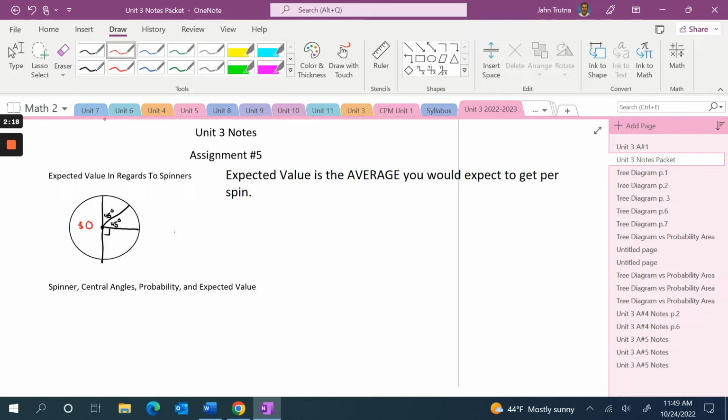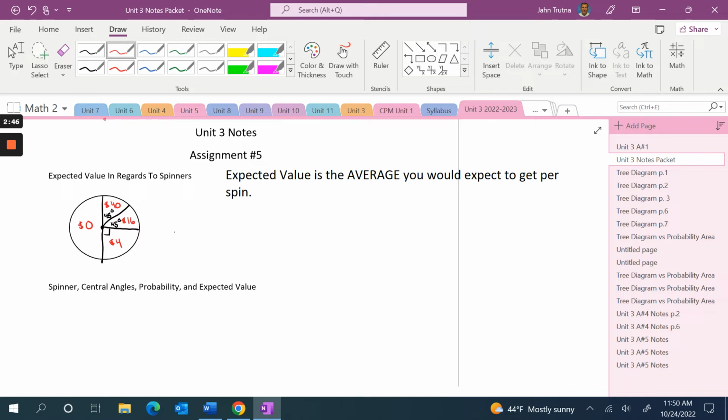If your spinner lands anywhere in the 90 degree section of the circle, you get $4. If your spinner lands in the bottom 45 degree section, you win $16, but if it lands in the top section, you win $40, okay?